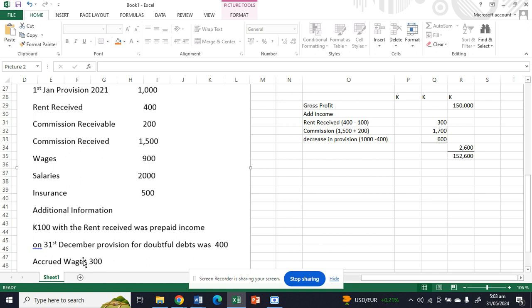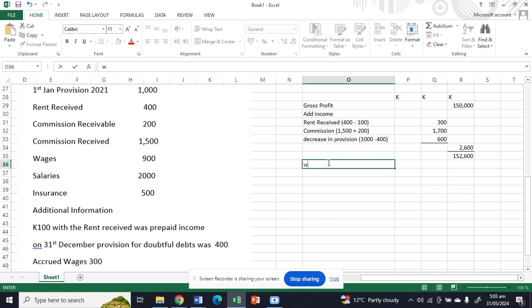So even here with these accrued wages, we're going to add them to the wages amount. So I'm going to say wages, I'm going to say 900 plus the accrual of 300. We're going to get 1,200. So this 300 for the accrued wages, we find it in the balance sheet under current liabilities.